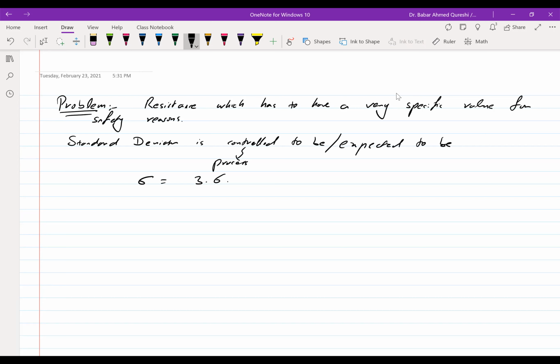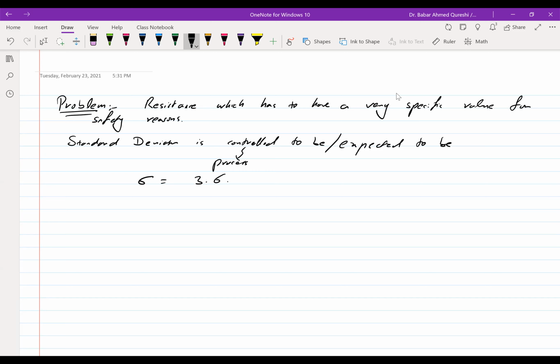And you are sending out shipments every day of these components, and you want to make sure that you're not only concerned about the mean value of the resistance, you are even concerned about the distribution, how far away they move around the mean in your production process. Obviously, you cannot make sure that every resistance has exactly the same value.